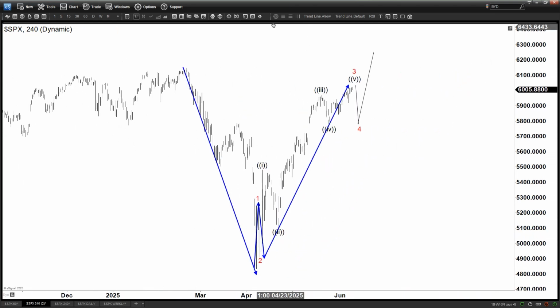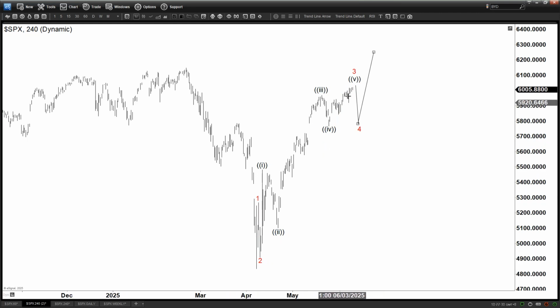And then that becomes your W, and this becomes an X as an ABC, and then sell off like this. That's what we do not like, because again the third leg looks to be unusually extended for an ABC correction. I'm not saying it's impossible, anything is possible, but it's unusual if that happens, right?